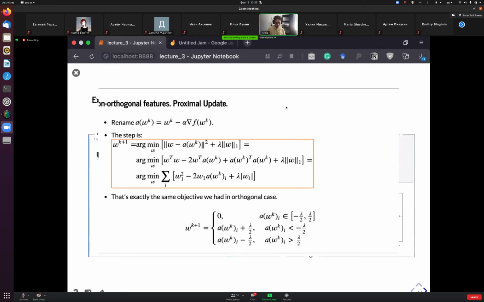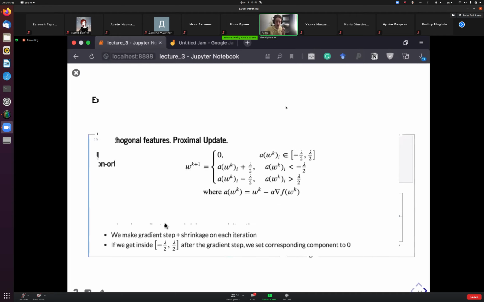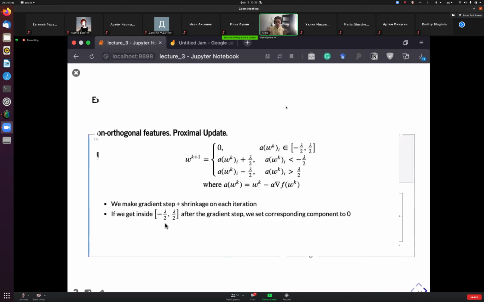And the solution will again be: W on iteration k plus 1 is equal to 0 if A of WK lies within the region, and it will be equal to A plus or minus lambda divided by 2 if it lies outside.